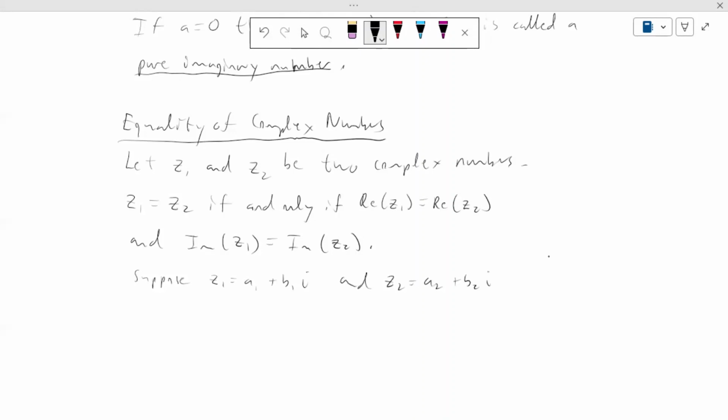Then, restated, Z1 will be equal to Z2 if and only if A1 is equal to A2 and B1 is equal to B2. All right, so any questions on the equality of complex numbers?